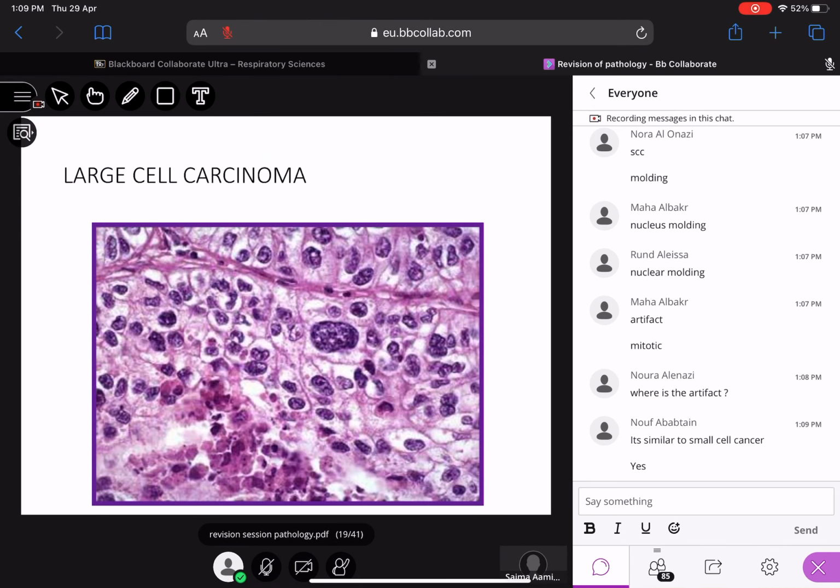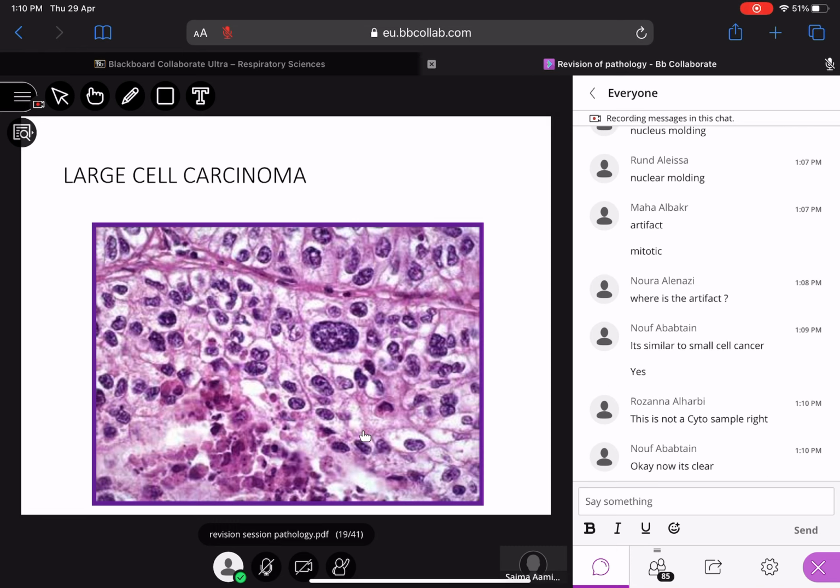Now go back to this image. This is one cell. You have this big nucleus and abundant pale cytoplasm. You can see monsters, very, very big nuclei. So the pleomorphism is very, very marked in this one. What is pleomorphism? Variation in shape and size. Just compare the size of this nucleus and this nucleus. They are very, very different. And there is abundant cytoplasm.